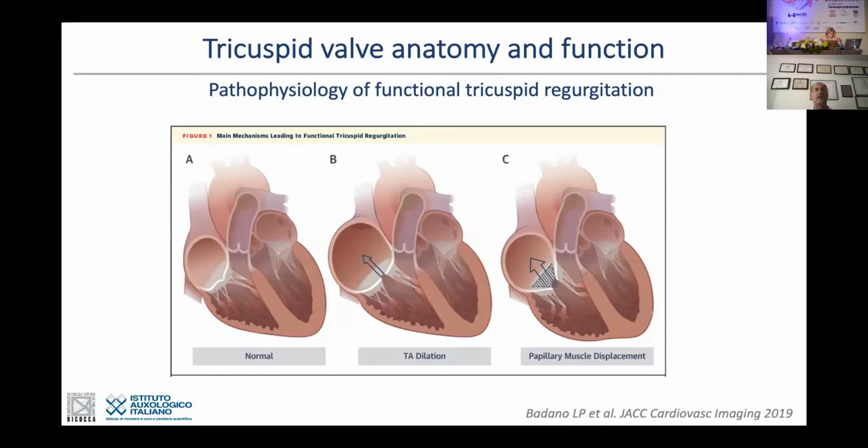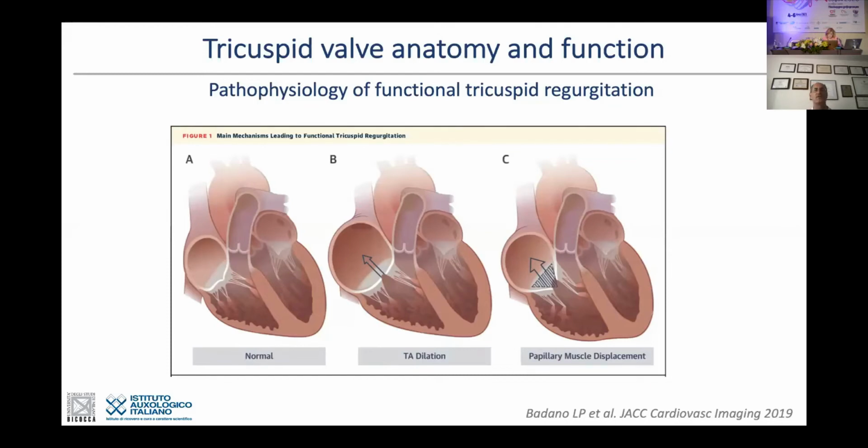That is the typical case, a patient with persistent or permanent atrial fibrillation with little or no tenting of the leaflets, and the right ventricle that is not remodeled in an important way. On the other end, there is the ventricular functional tricuspid regurgitation, where the dilation and the remodeling of the right ventricle create a displacement and a reorientation of the papillary muscles, determining an important tenting of the leaflets and the consequent dilation of the annulus.